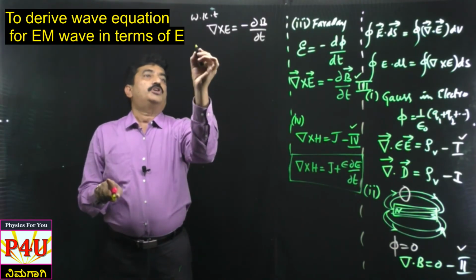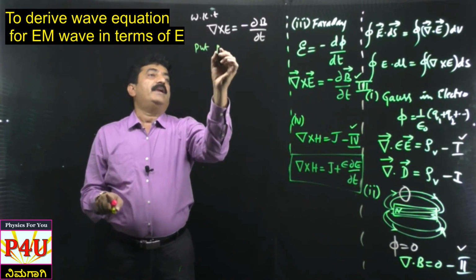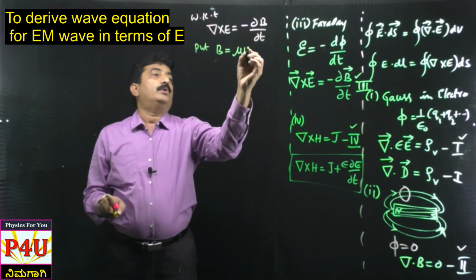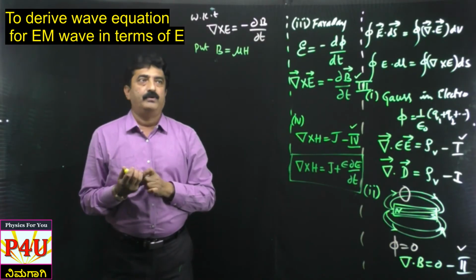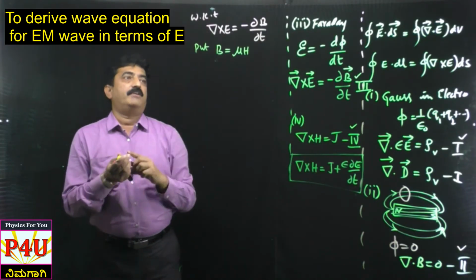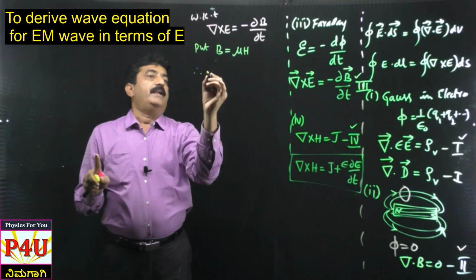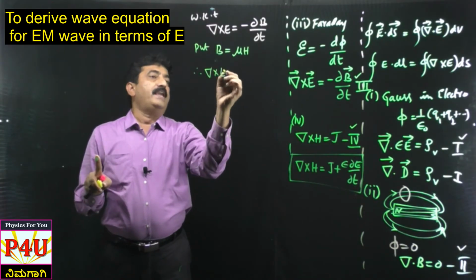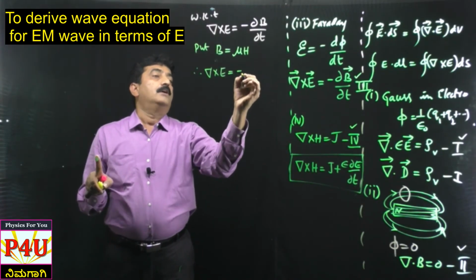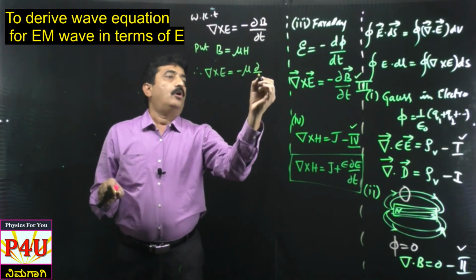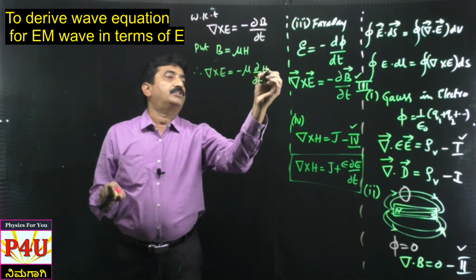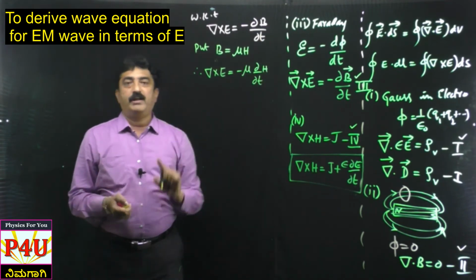Next, put B is equal to mu into H. This I already mentioned while discussing Ampere's circuital theorem. Therefore, this equation becomes del cross E is equal to minus mu, I write it first because it is constant, into dou by dou T of H. In the place of B, I should have written mu H.